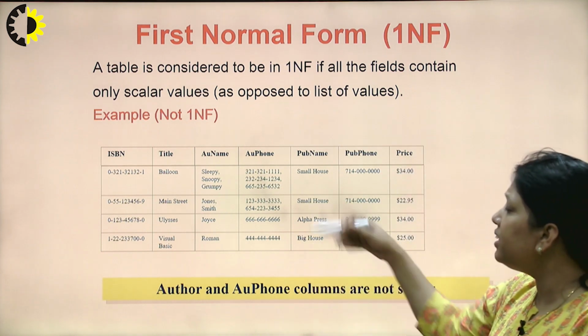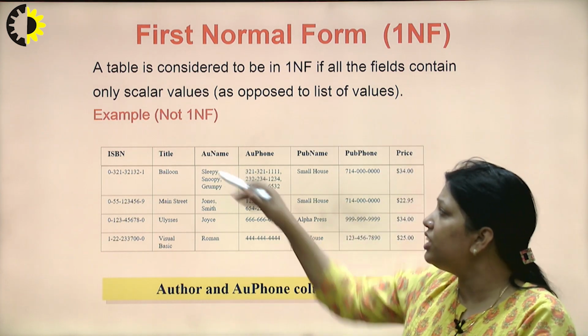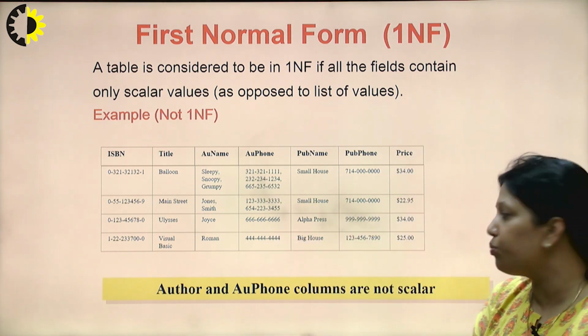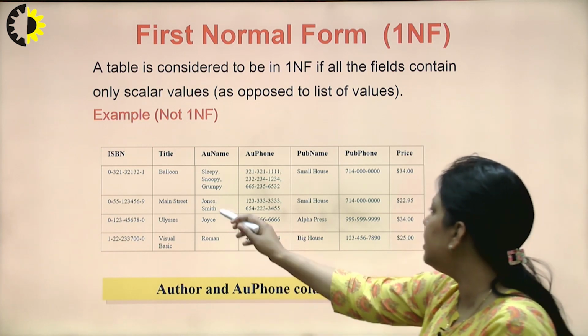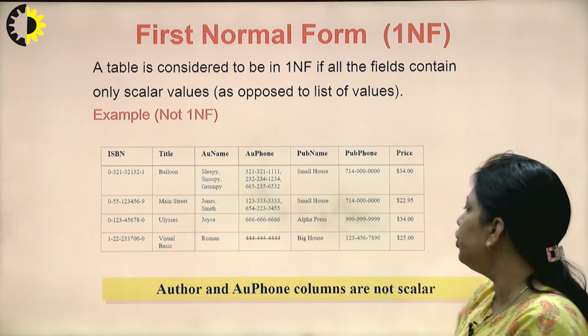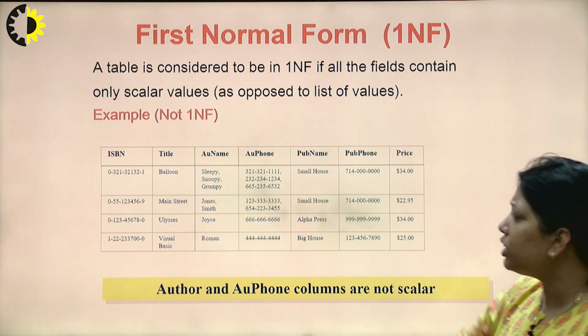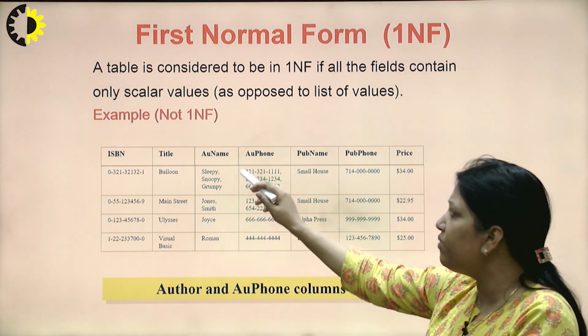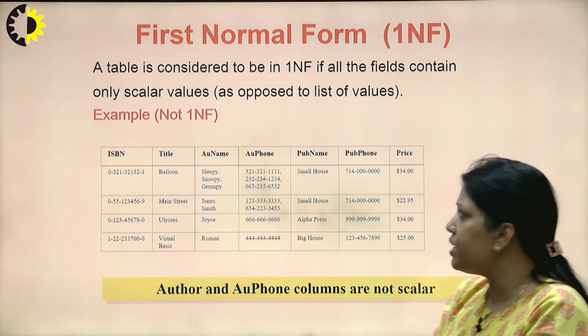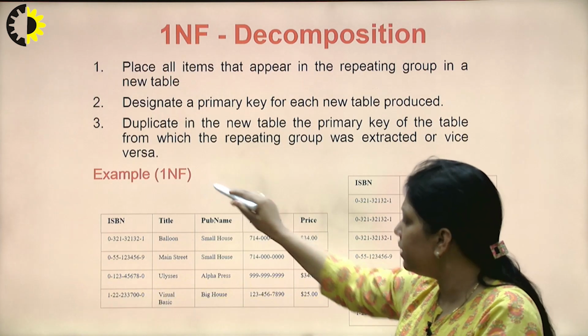For example, this table is not in first normal form because the author and author phone number columns are not scalar, because here we have multiple values for author name, that is Sleepy, Snoopy and Grumpy.